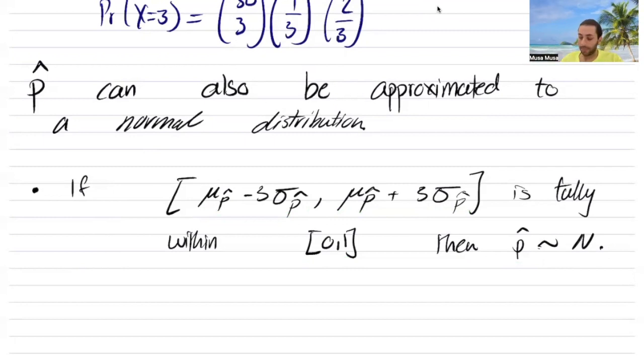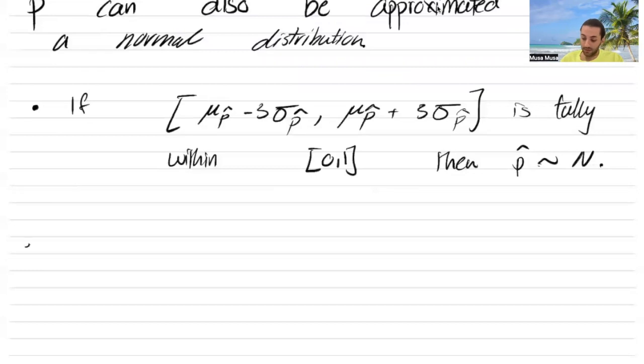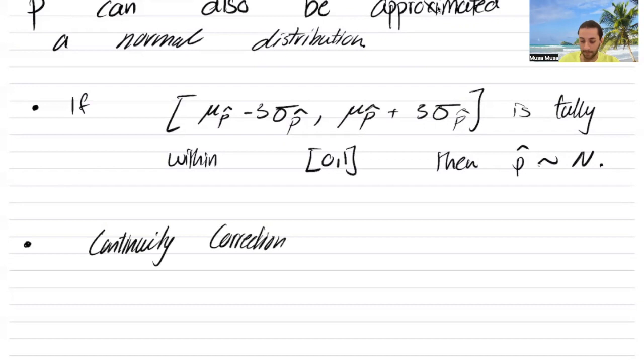The second thing is, before we had a continuity correction. Do we need a continuity correction? You could, but it's not necessary. So continuity corrections are unnecessary. That's just fact.